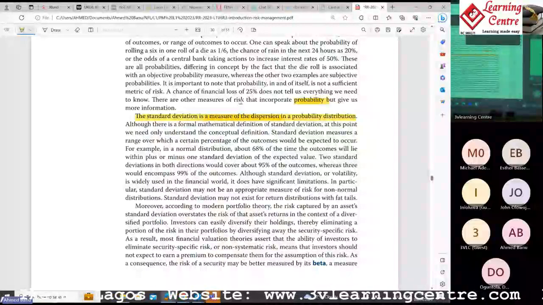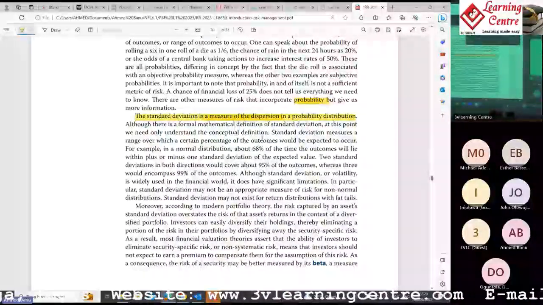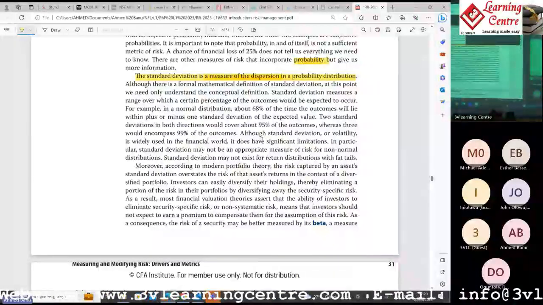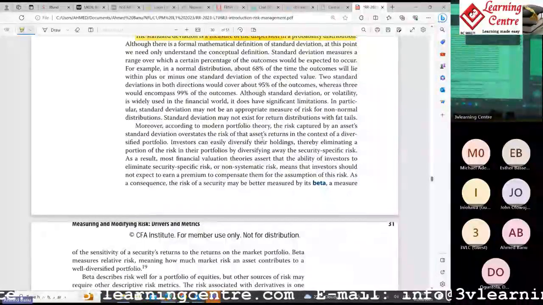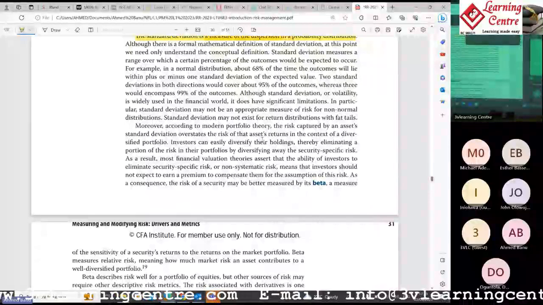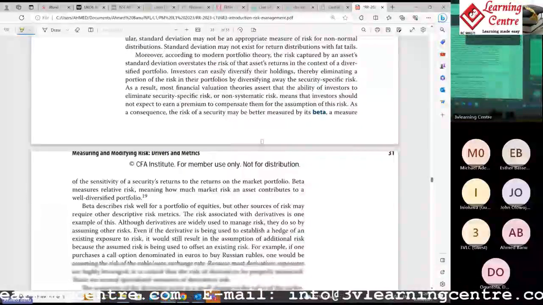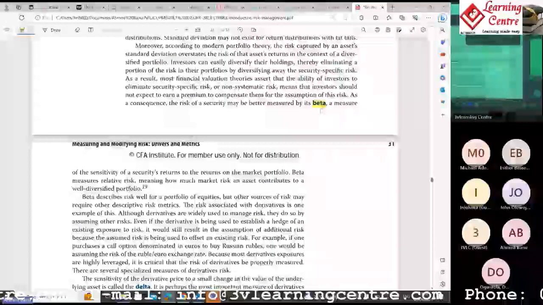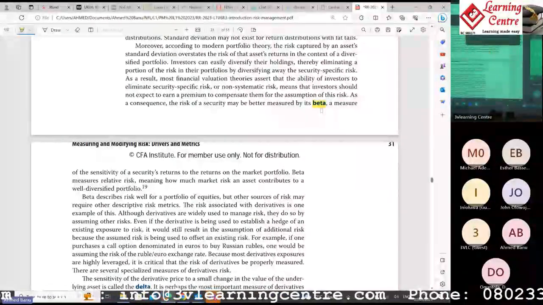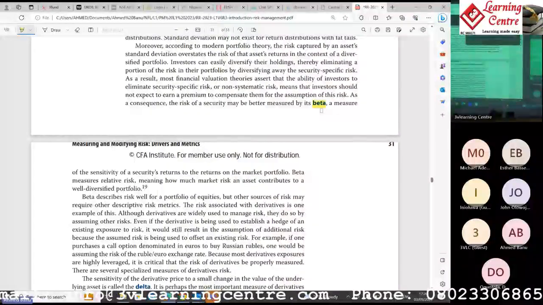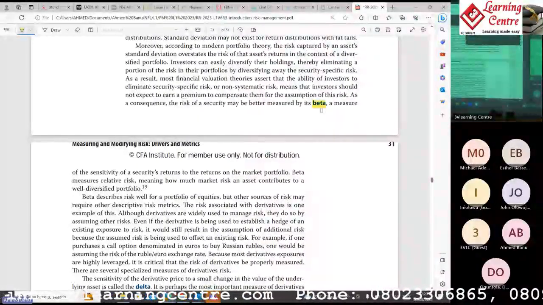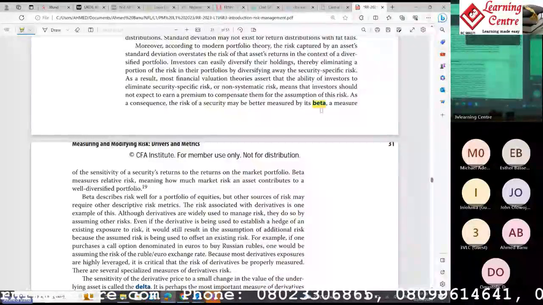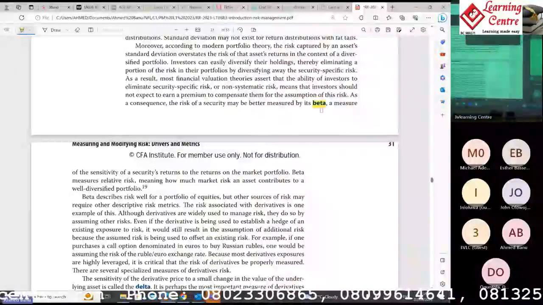Now, this is talking generally. Now looking at asset classes in themselves. Specifically for equities, we have a concept called beta that is a measure of sensitivity. While standard deviation is a measure of dispersion, beta is a measure of sensitivity. So how sensitive are the returns of a security to the returns on the market?